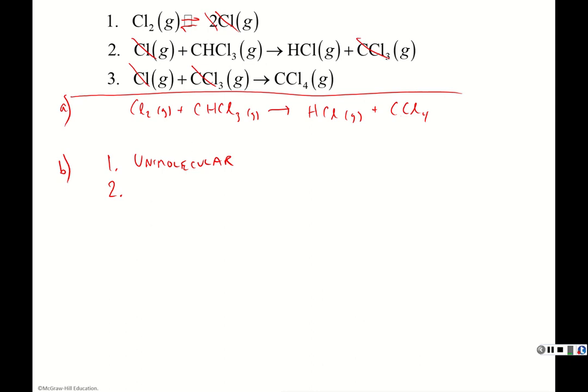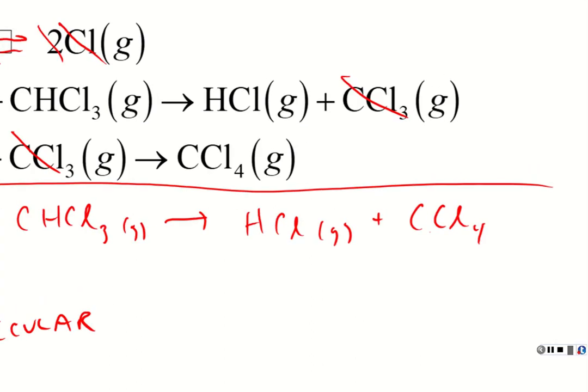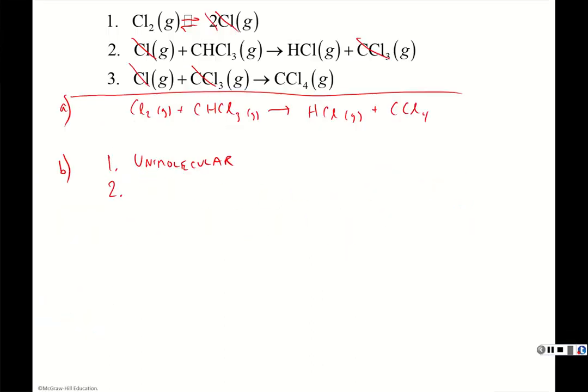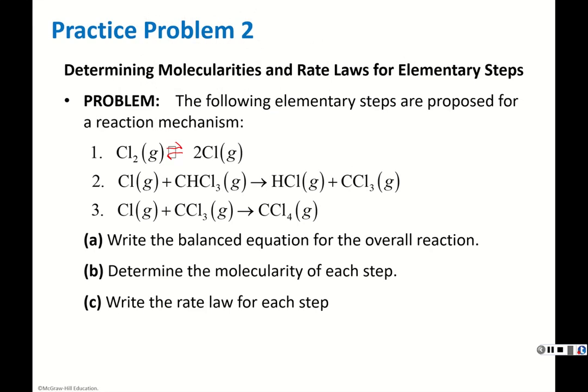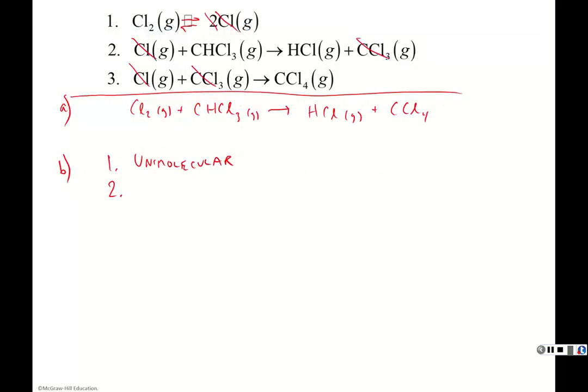Okay, step 2, we have 1 and 2 molecules, so this is bimolecular. And step 3, again, we have Cl and CCl3, so that's bimolecular.